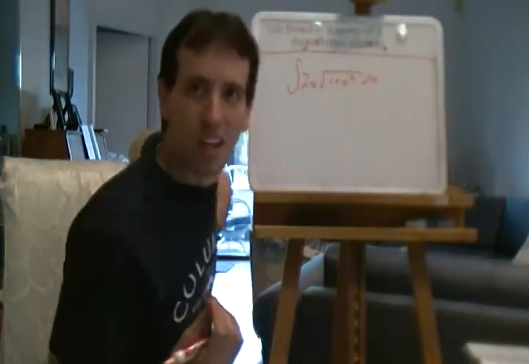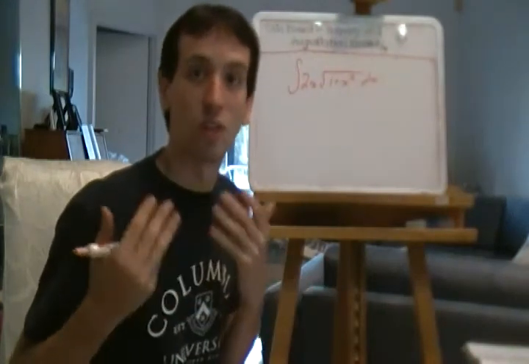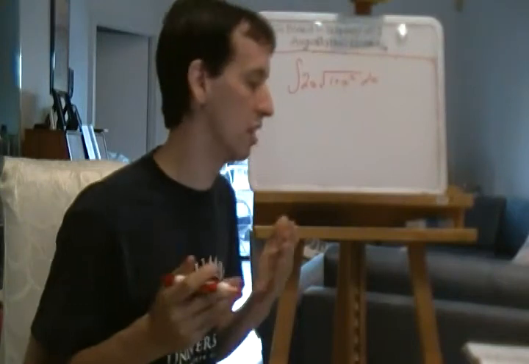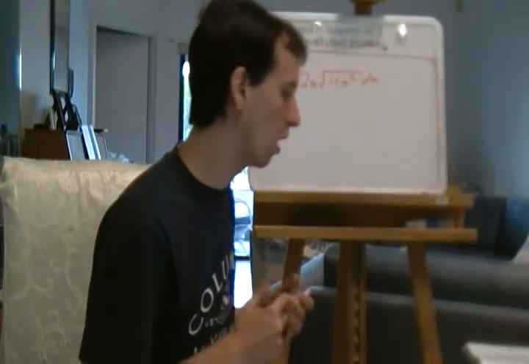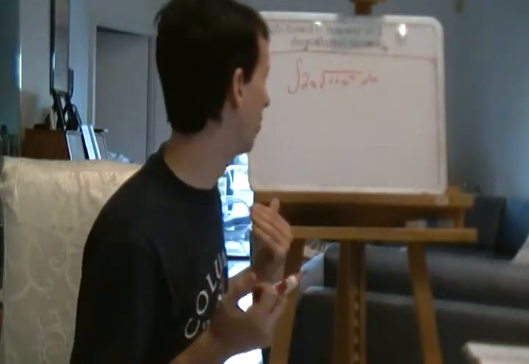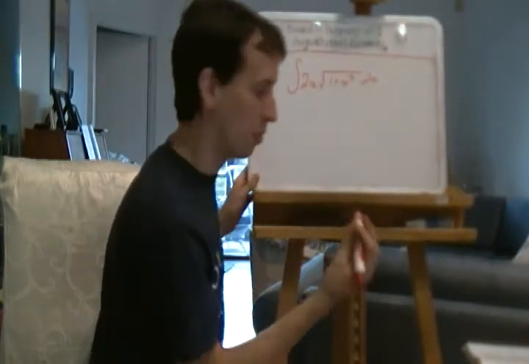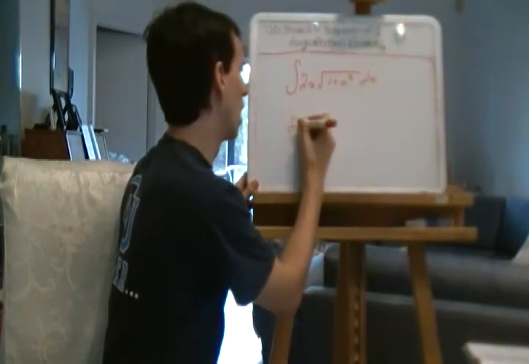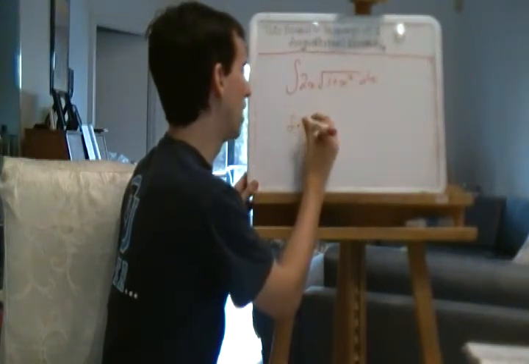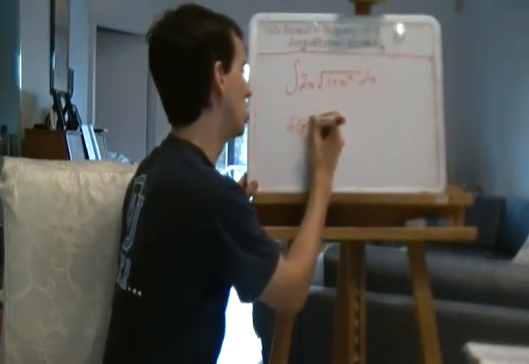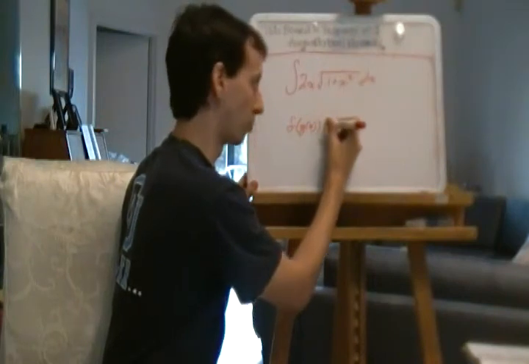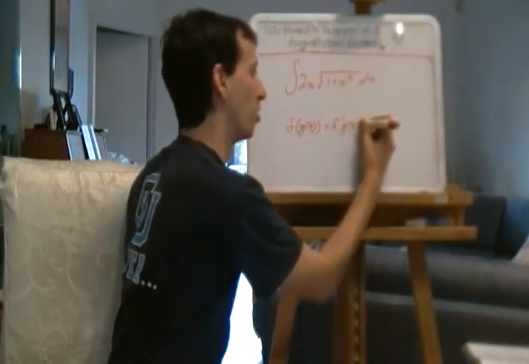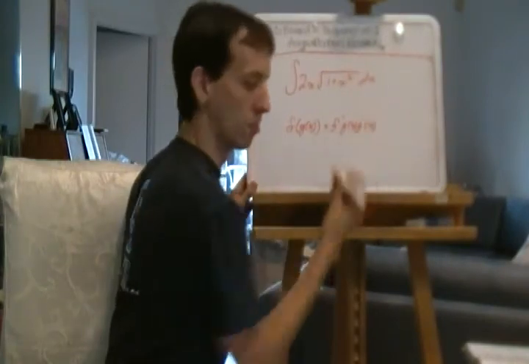So what we use here is an interesting idea called substitution. Substitution has its roots in the chain rule. If you remember the chain rule from derivatives, to differentiate f of g of x, we take f prime of g of x and multiply by g prime of x.